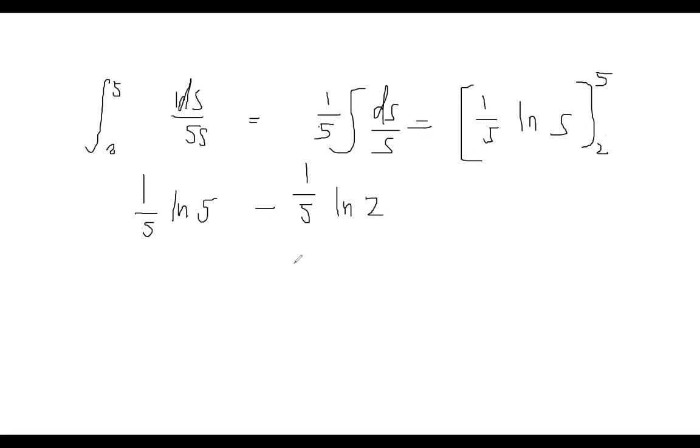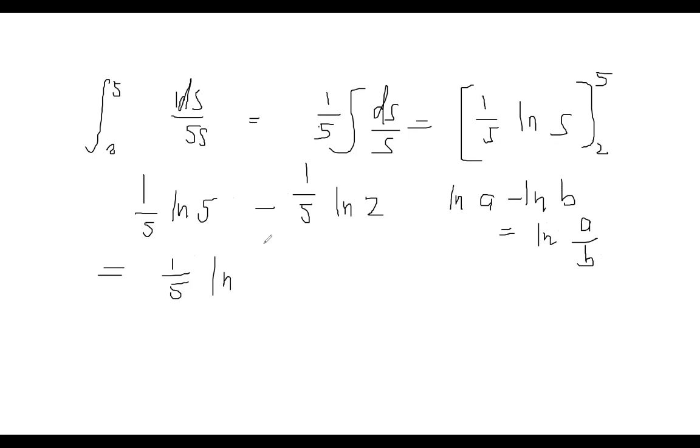If you can recall the property of logarithms, if we subtract ln's, ln a minus ln b is simply ln a over b. That is what we use here. So we take out the 1/5 since it is common in both terms.